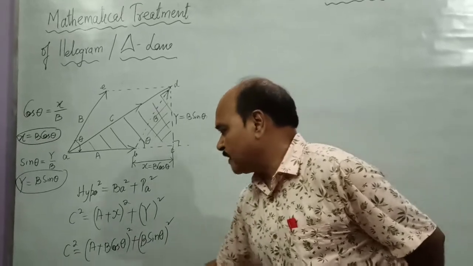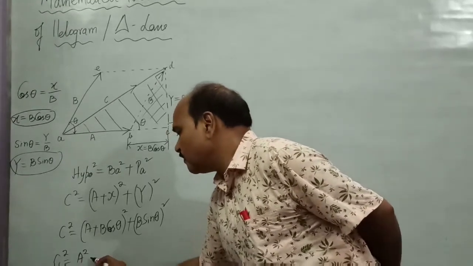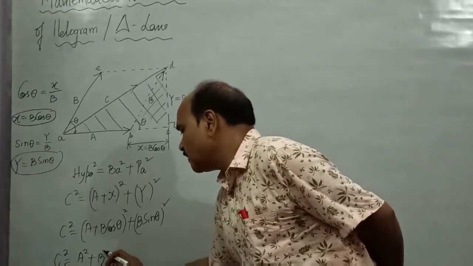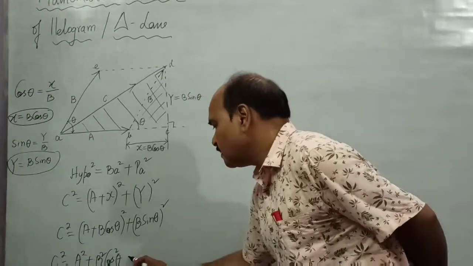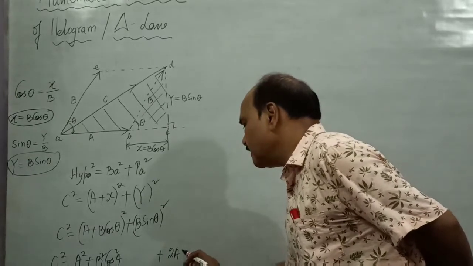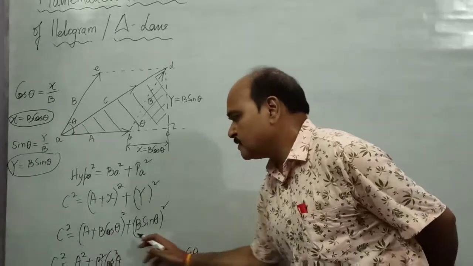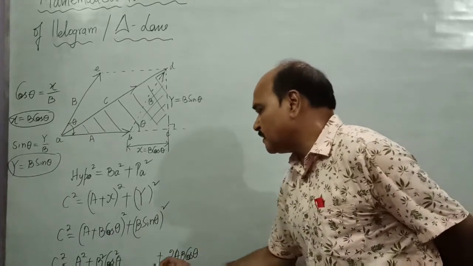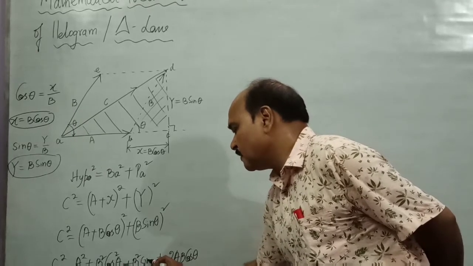If you open up the brackets, what do we get? c square is equal to A square plus B square cos square theta plus 2AB cos theta. This is the square of this. And what is the square of B sin theta? The square of B sin theta is B square sin square theta.